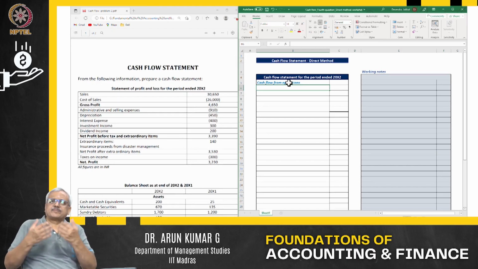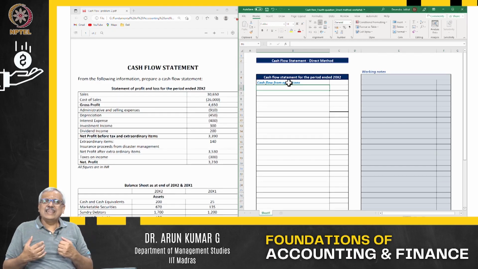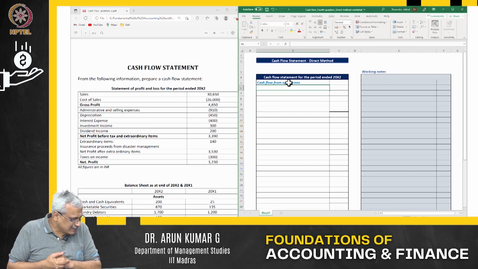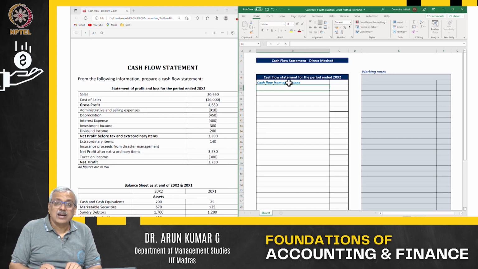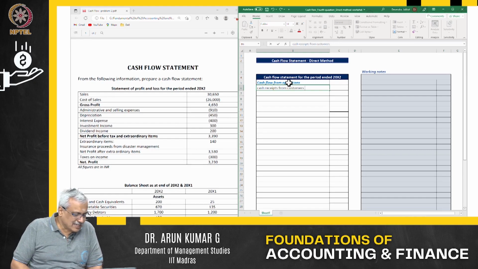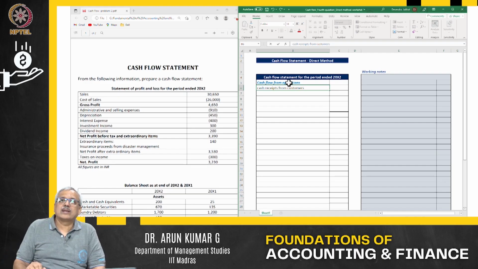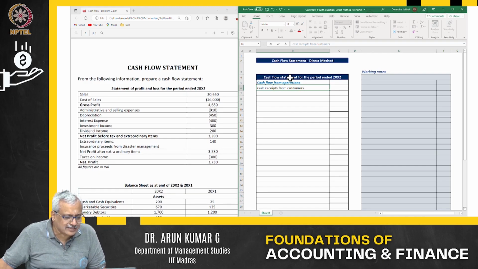The key cash inflow is cash receipts from customers. I am just going to do some working out here. What is the cash receipt from customers?